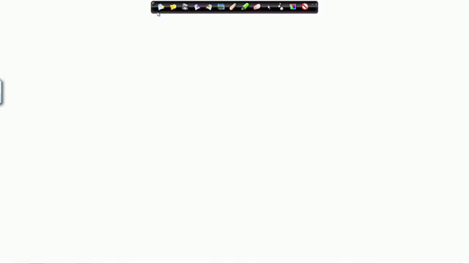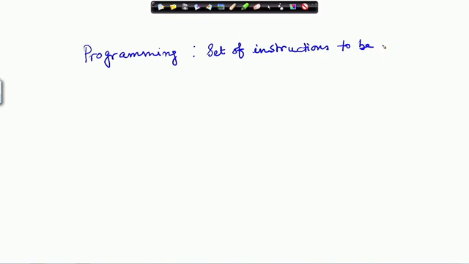Once again, programming is the set of instructions, I am rewriting it in a different way, set of instructions to be provided to a computer to solve a problem.